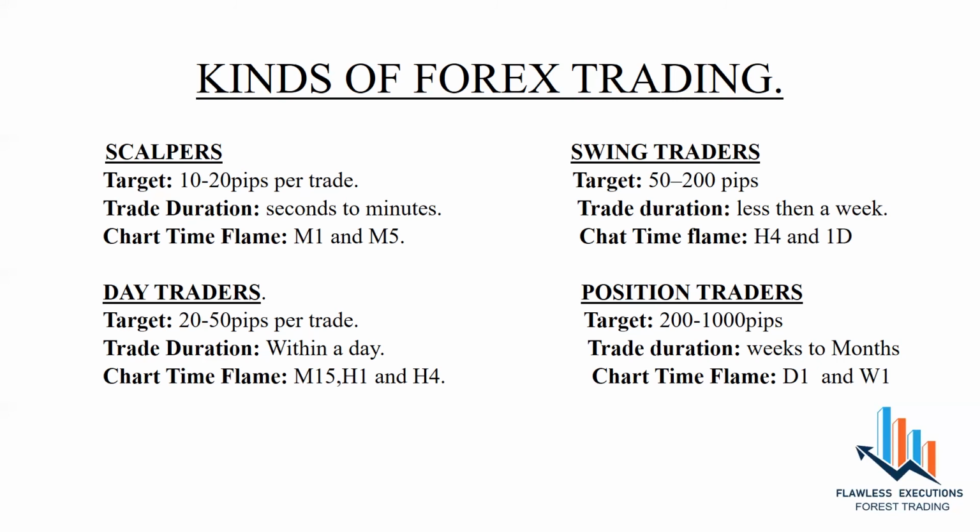They normally use 4 hours and 1 day for their trading activities. And the position traders, they target 200 to 1,000 pips per trade, and they use 1 week or 1 month time frames in making analysis. So these are the types or kinds of forex traders we have.